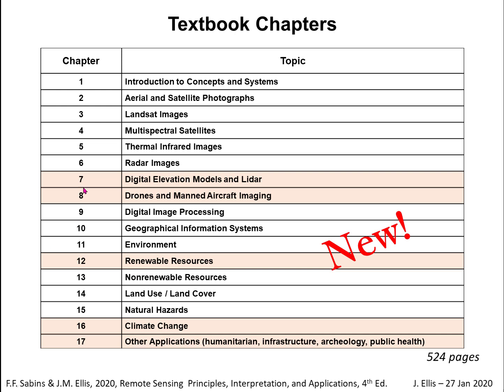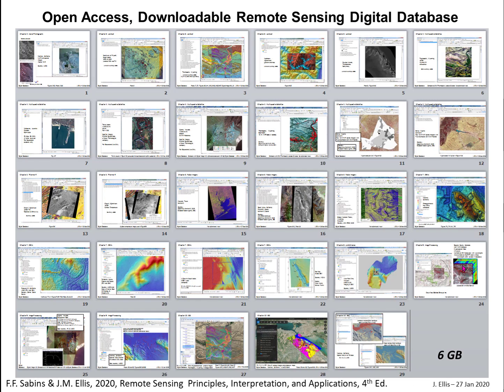This is just looking at the many chapters. The first 10 are on technology, and it covers the latest, like Lidar and DEMs and drones and renewable resources and climate change. One of the supplemental materials is this downloadable remote sensing digital database. It's 6 gigabytes in size, so it's 27 examples. You can download Landsat and work with it.